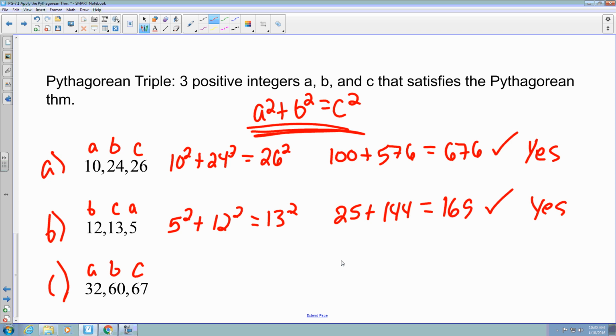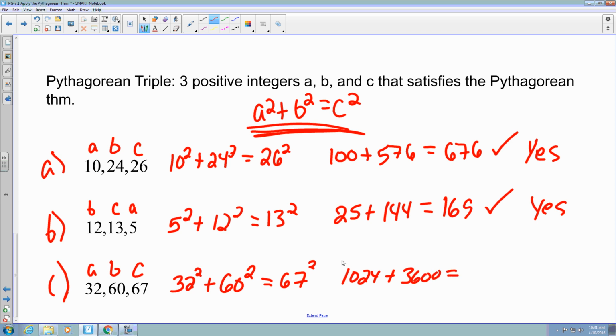Finally, C, we write in the values 32 squared plus 60 squared, and I need to see if it equals 67 squared. So 32 squared gives me 1024. Added to 60 squared, which gives us 3600.